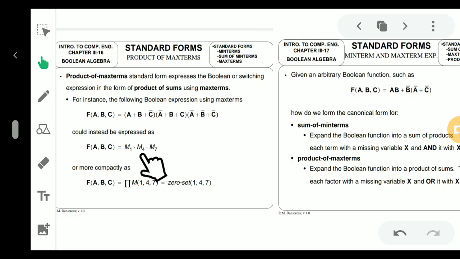So M1 into M4 into M7. Now it is a multiplication, not a sum, it is a product. So the product is represented by the pi symbol, then the max term representation, capital M, and then M1, M4 and M7. In this way we have to represent the product of max terms formula.